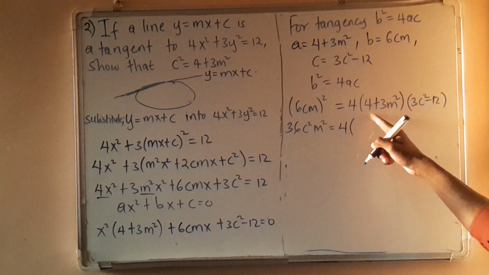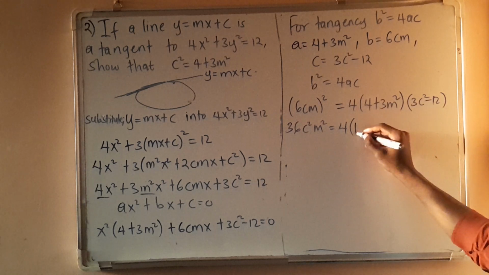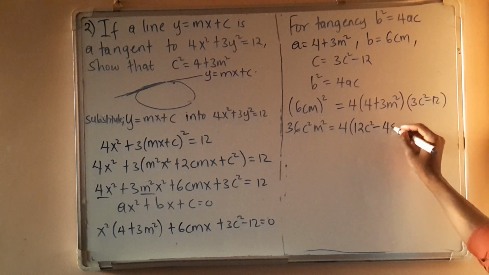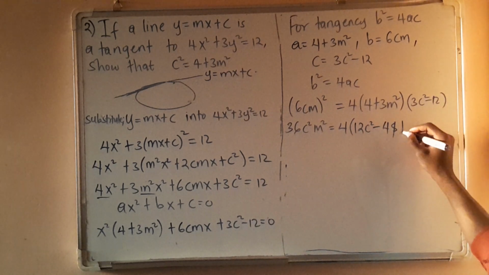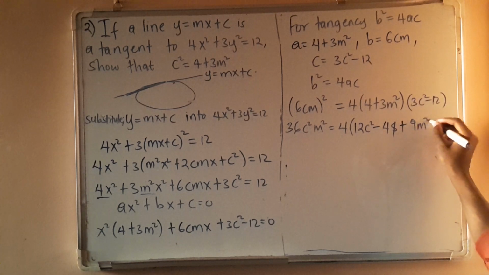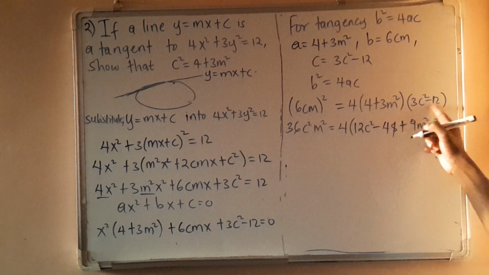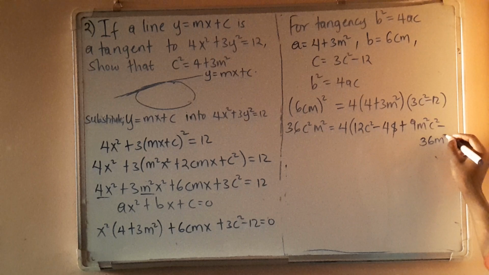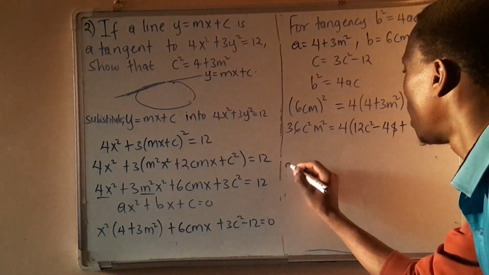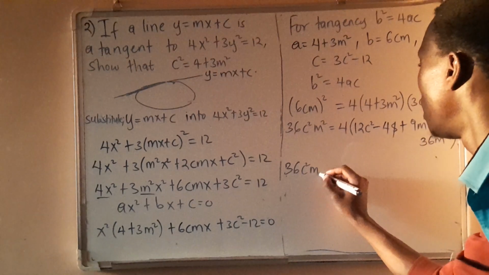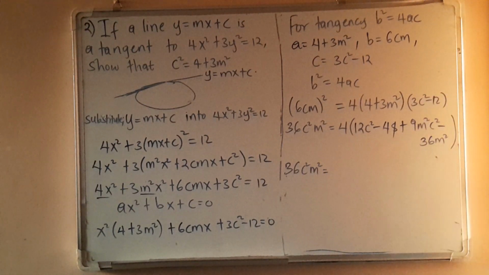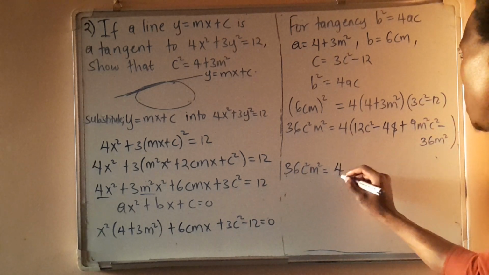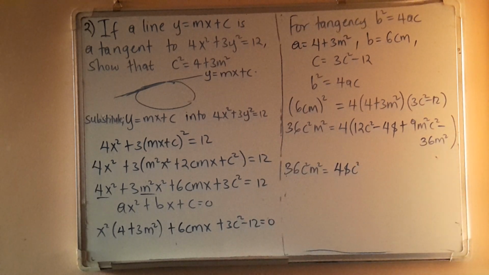We are going to open brackets here. We shall have, multiplying this and this, 12c squared, then minus 48, then plus 9m squared c squared, then minus, this times this, 36m squared. So we shall have 36c squared m squared is equal to 4 times 12, that is 48c squared.